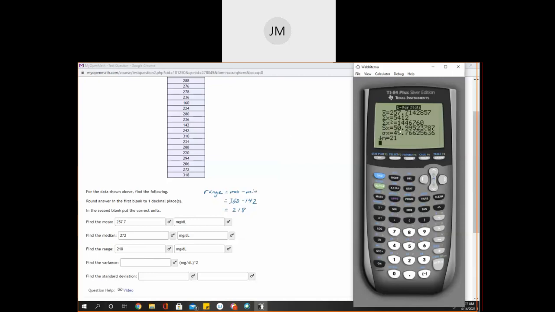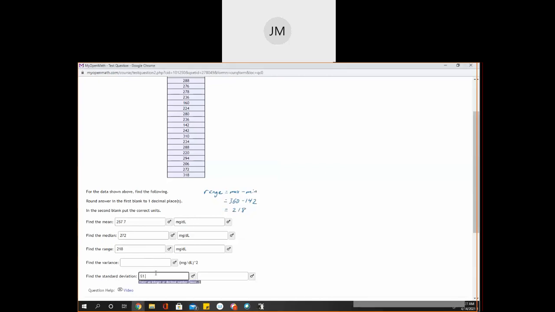So we want the sample standard deviation, okay? So if I round that to the tenths place, I'd have to go up. So I would end up with 51.0. And remember, standard deviation has the same units as everything else. Variance is standard deviation squared.